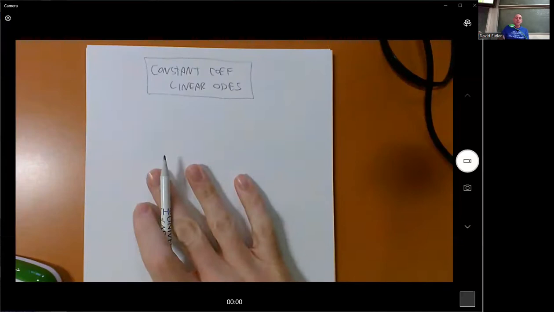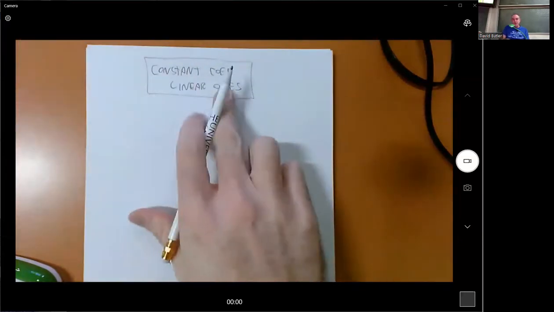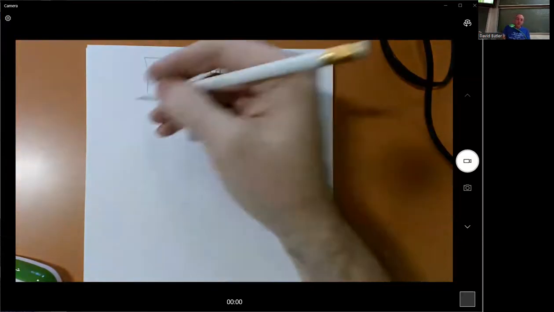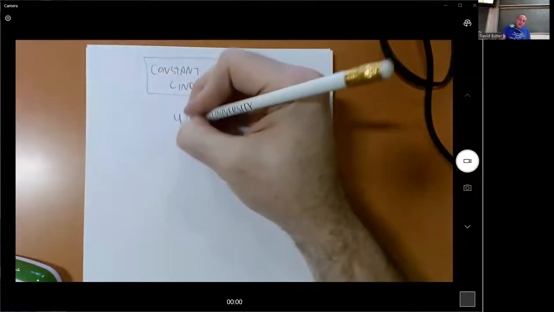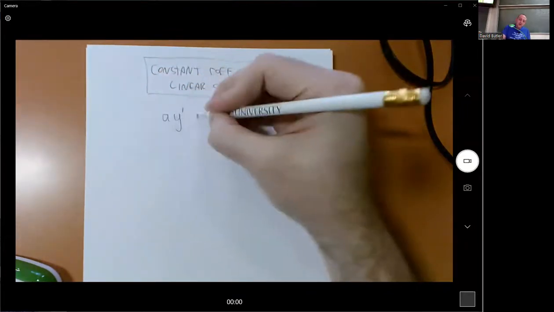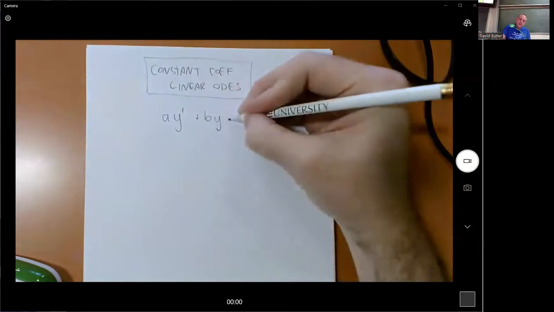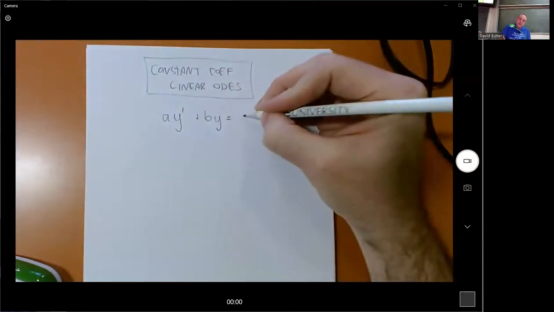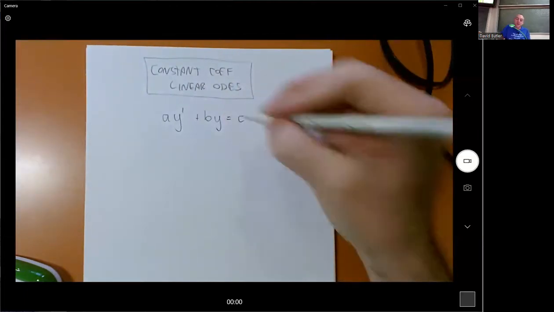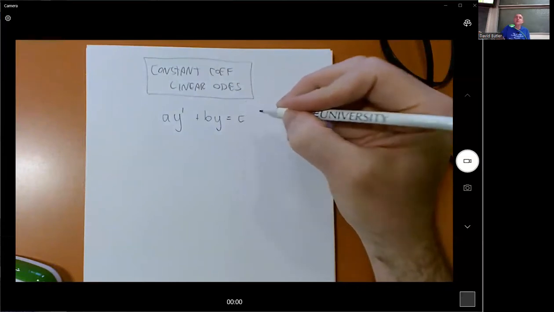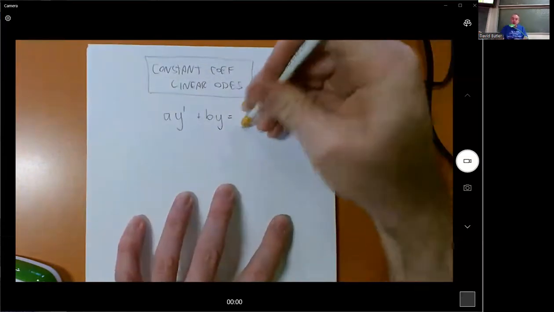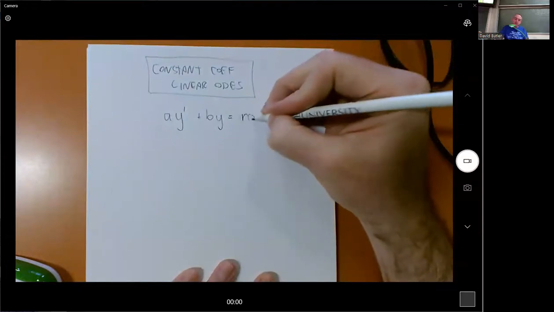So that constant coefficient and linear means this: you could have a y dash plus something y equals something. Actually, we're just going to do 0. They're homogeneous as well. I know, and equals some other function of x or t or whatever it is.